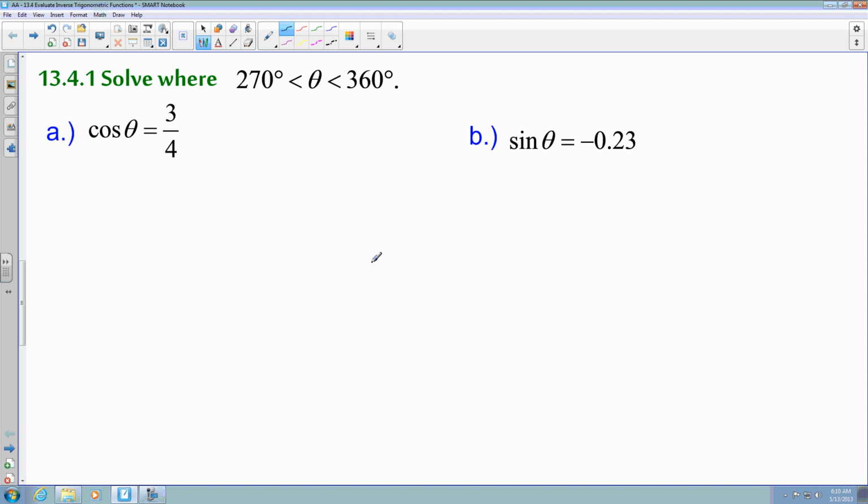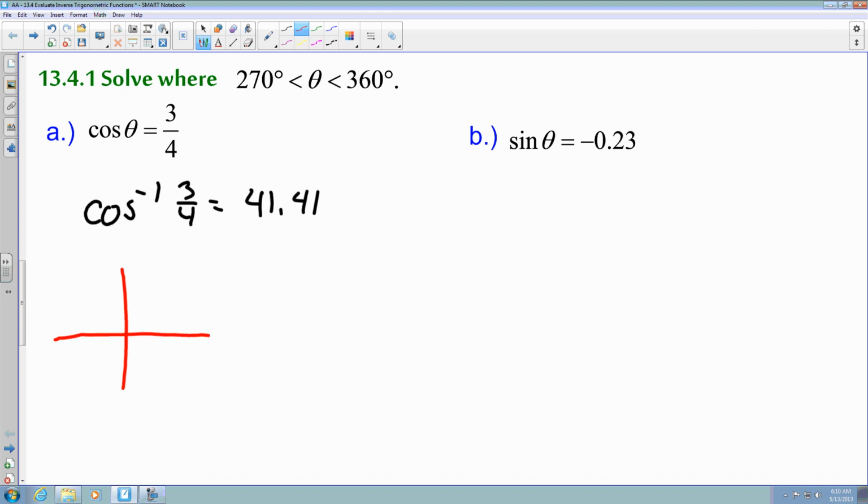We have the cosine of theta equaling 3/4. To find theta, we take the inverse cosine of 3/4, and if we type that into our calculator, we get roughly 41.41.